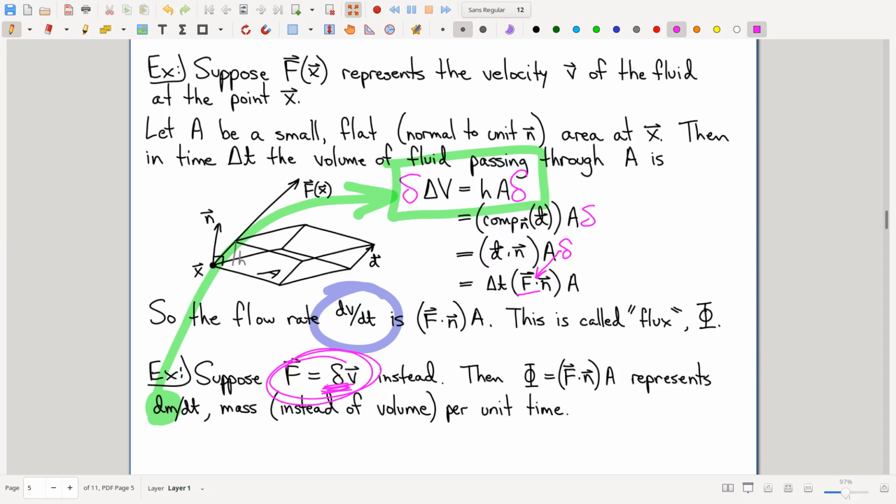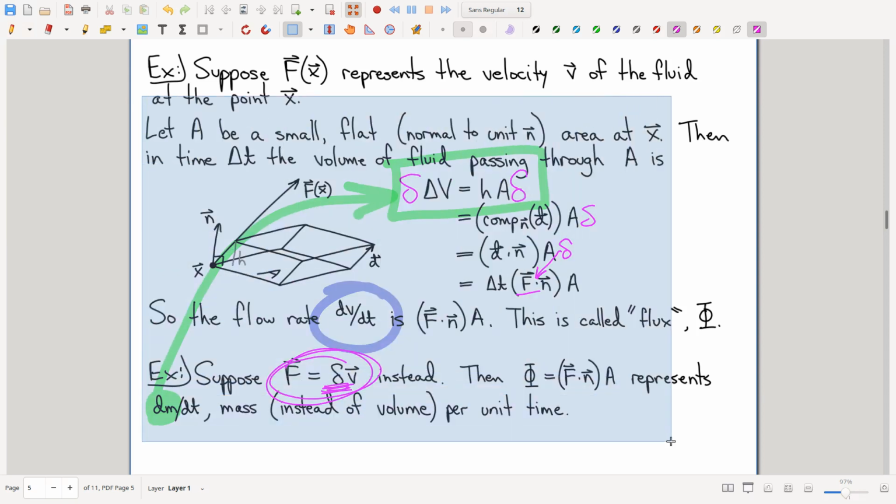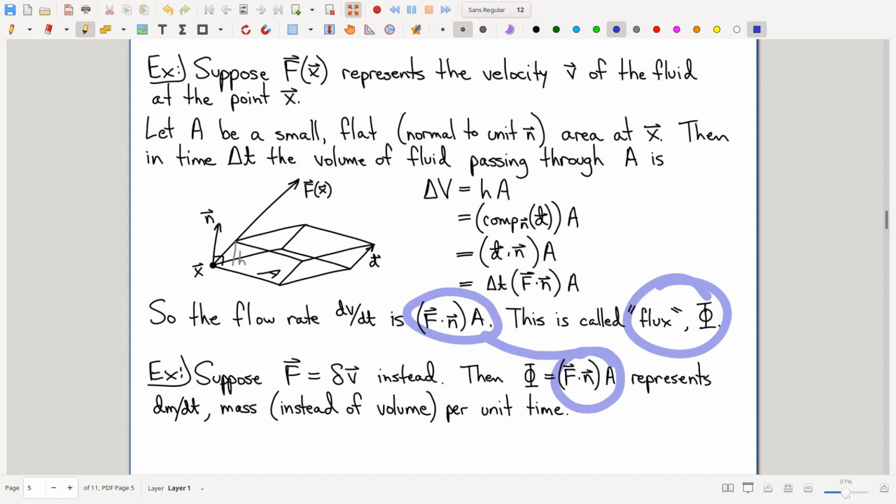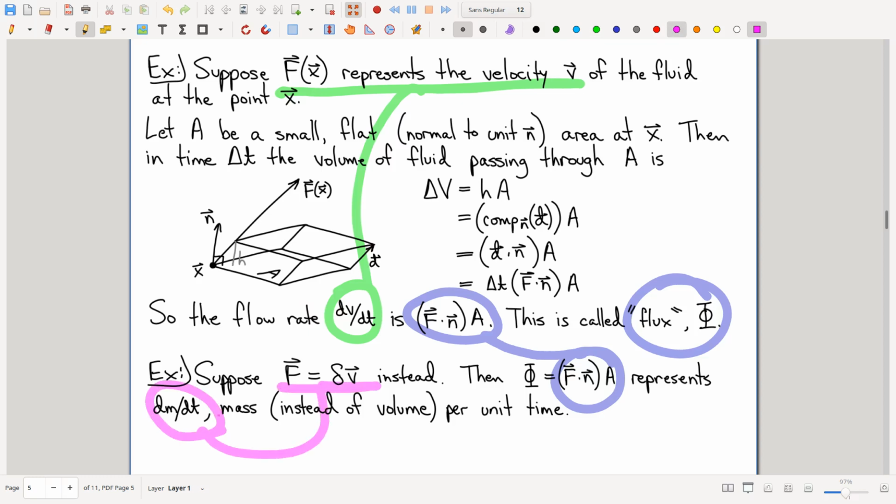Okay. So altogether then, we now have two pretty great motivations for why we'd be interested in this thing called flux. We're interested in flux, aka this expression, because on the one hand, when the vector field represents velocity, it gives me volume per unit time. And on the other hand, when the vector field represents density times velocity, it gives me mass per unit time.